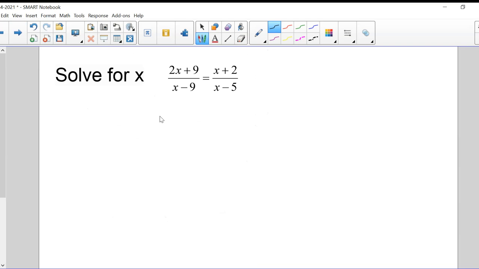Okay. Now, remember Noah was asking, do we have to do that? Well, look at this example here. 2x plus 9 over x minus 9 is equal to x plus 2 over x minus 5. What is this now? The restriction rule only applies to the denominator, right?